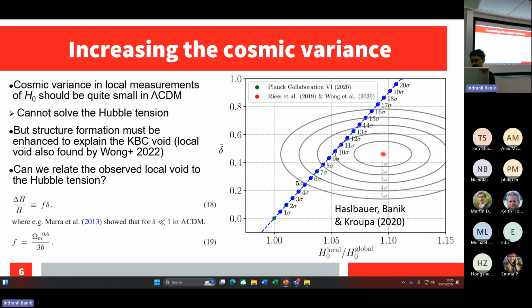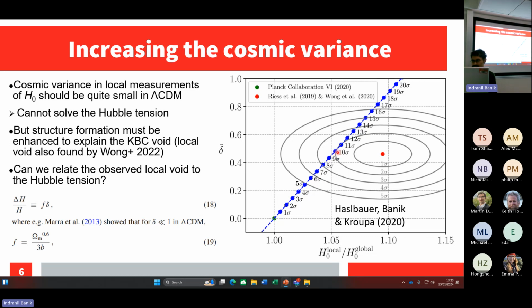However, the problem is observations are up here, and these also have uncertainties. But you can't explain the observations within their 5 sigma region, even if you allow for cosmic variance at 5 sigma. Importantly, though, the observations are such that a significant underdensity at the 10 sigma level, in other words, a very large initial density fluctuation, could explain both the KBC void and the Hubble constant.